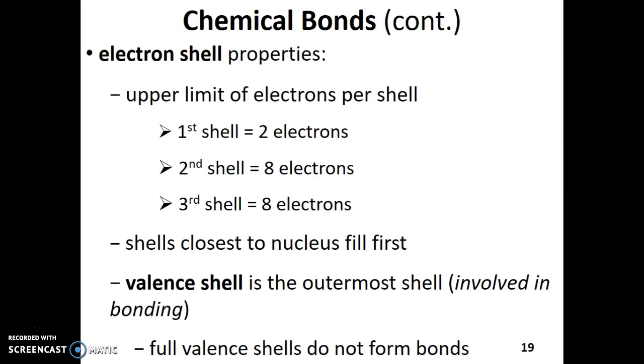Second shell has 8 electrons and it's full. And the third shell has 1 electron. It's not full. It wants to either take 7 more electrons in, or it wants to get rid of that 1 electron that it has. So that outermost valence shell is the shell that's going to determine if an atom is going to be interested in bonding at all.